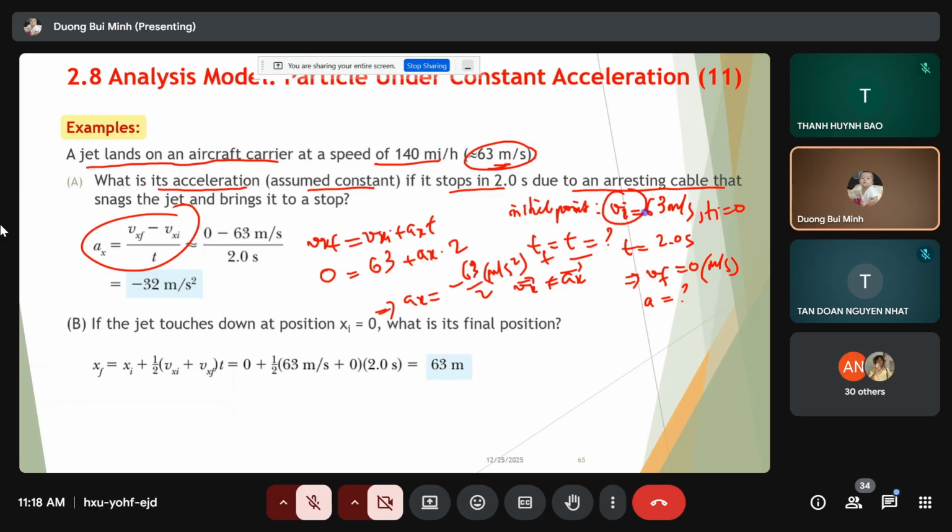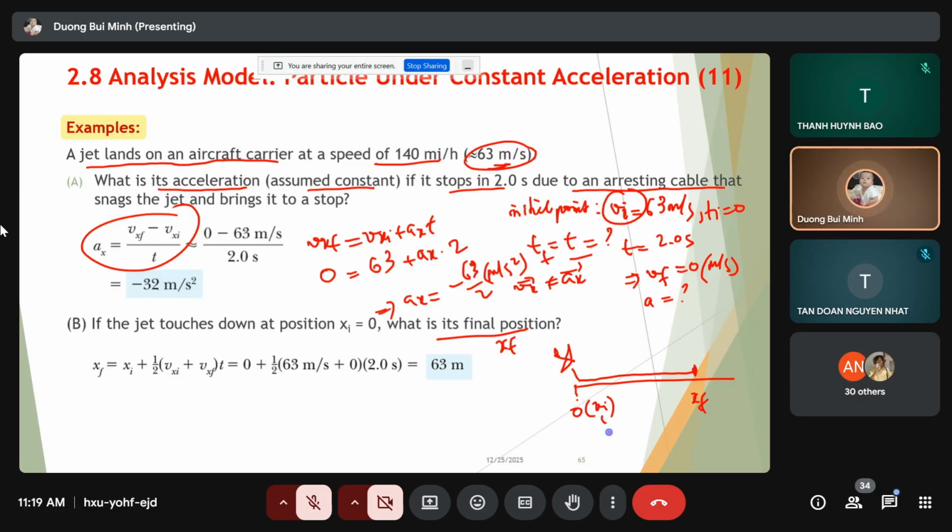Very easy. And then they ask us to calculate xf, the final position. So for example, here this is the carrier, and then we have the jet here, and then it comes to here. At the start we have 0, I mean xi, and when the jet stops here, you get xf.